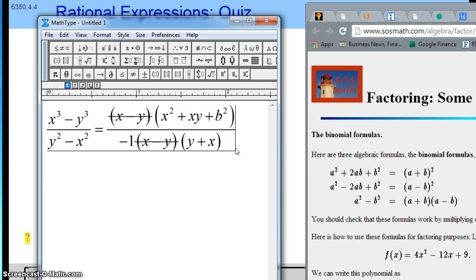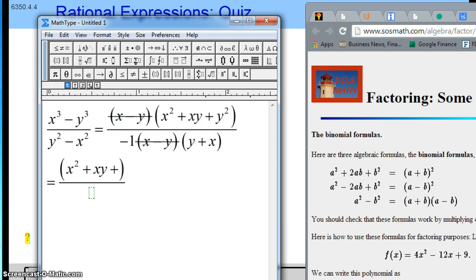Then I'll just write it out here. What do we have now? We have x squared plus xy plus, oh, I wrote b squared. I'm so sorry. That should be a y. I was just following those rules. You see that x is a and y is b, so I just messed that up. So y squared.